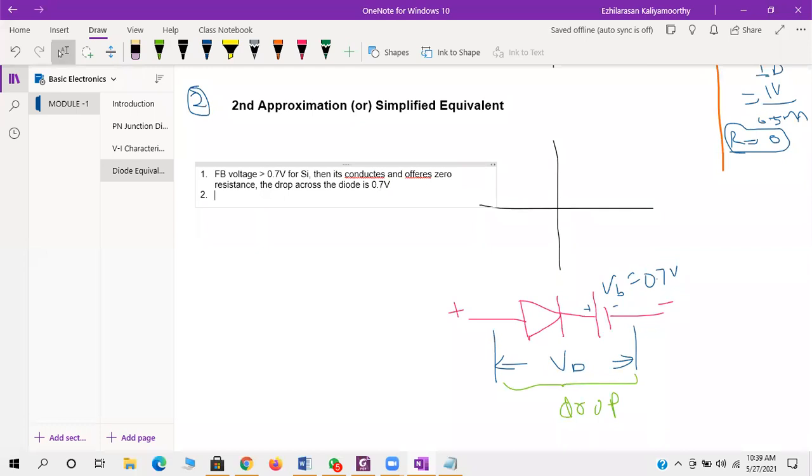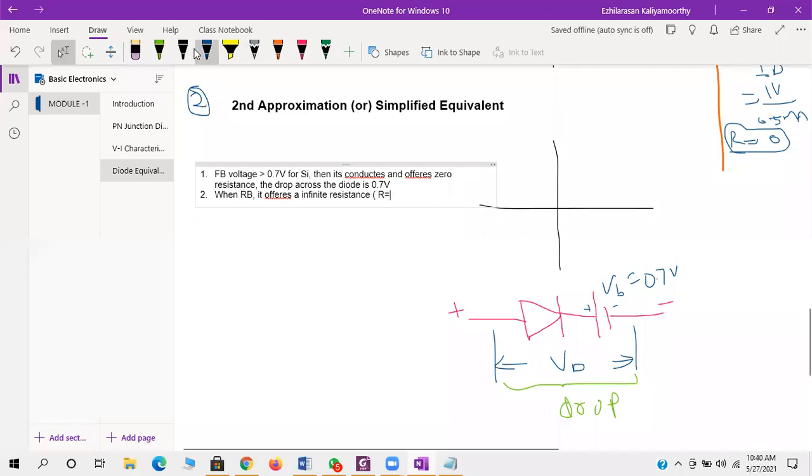Now second, when it is reverse bias, it offers infinite resistance. Very simply, R is equal to infinity.